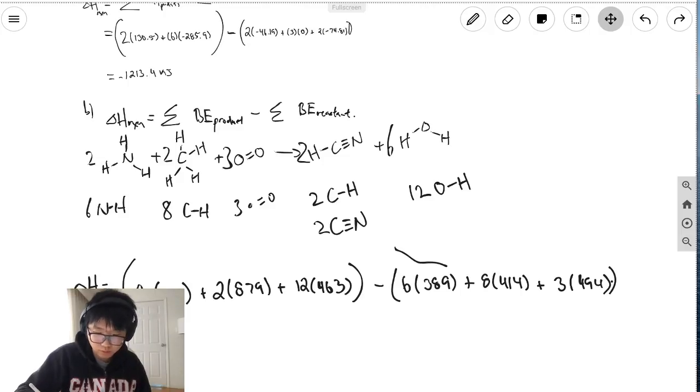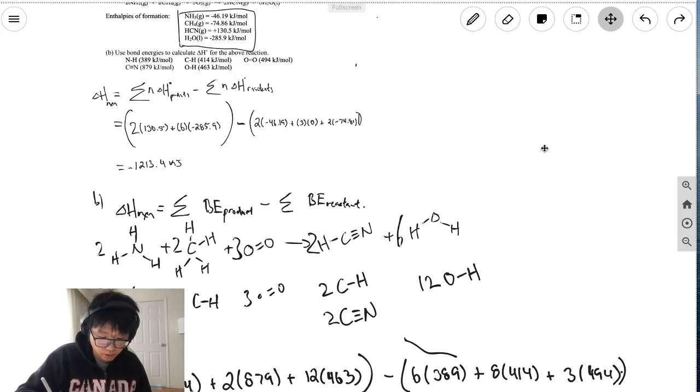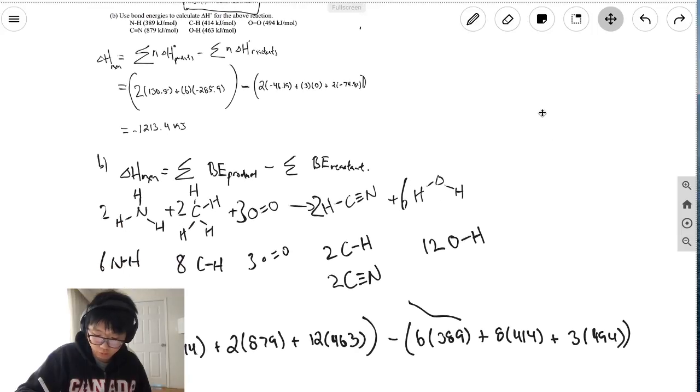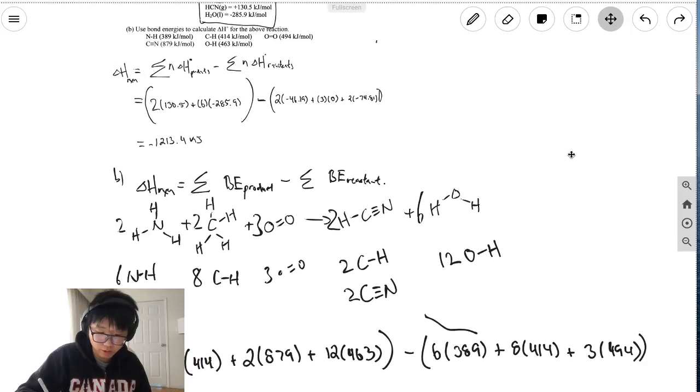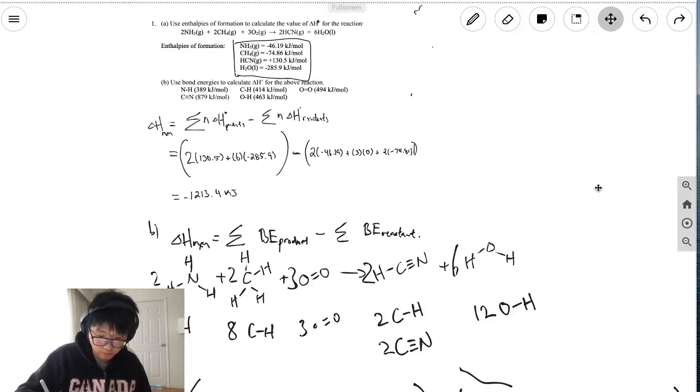Okay, well, it's a little bit off, but I don't see a mistake, so sometimes it might be. Because look, we calculated the exact same one as before. Last time we got negative 1213.4. So we're looking for a value that's close to that, right? Because these two are the same equation after all.